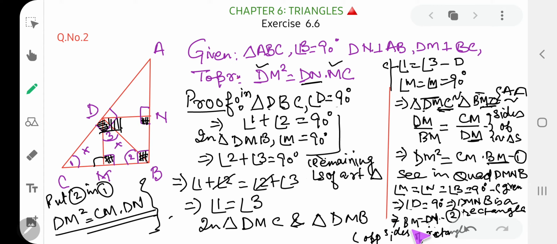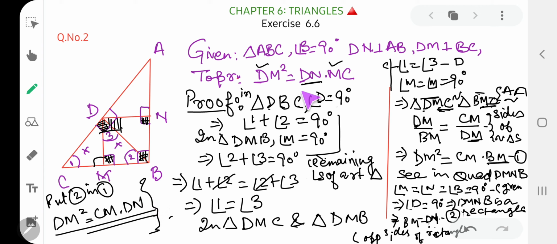Now rewriting this first, where we have DM square is equal to CM into BM, in place of this BM, you will write DN, and hence you got the desired result. DM square is equal to CM into DN.